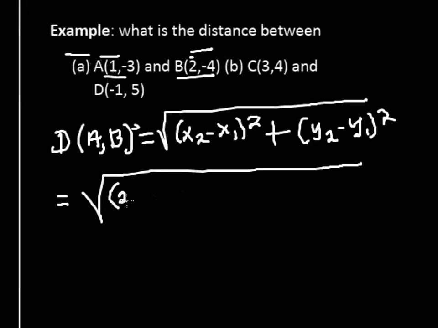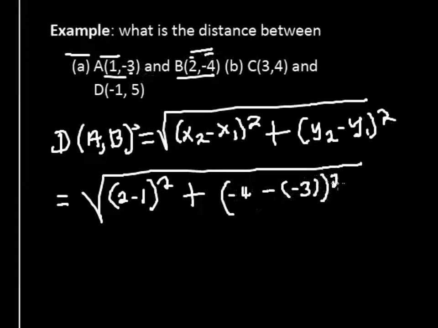So that's going to give me 2 minus 1, all squared, then plus y2, that's minus 4, y1 is minus 3, so that's going to give me minus 4 minus minus 3, all squared.